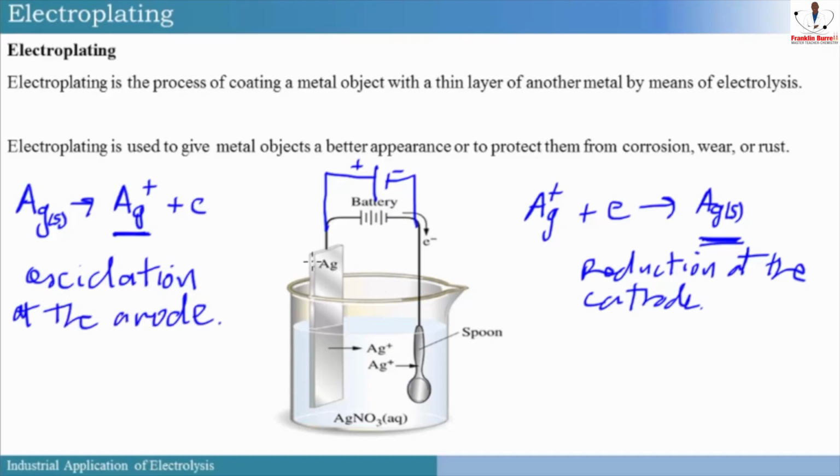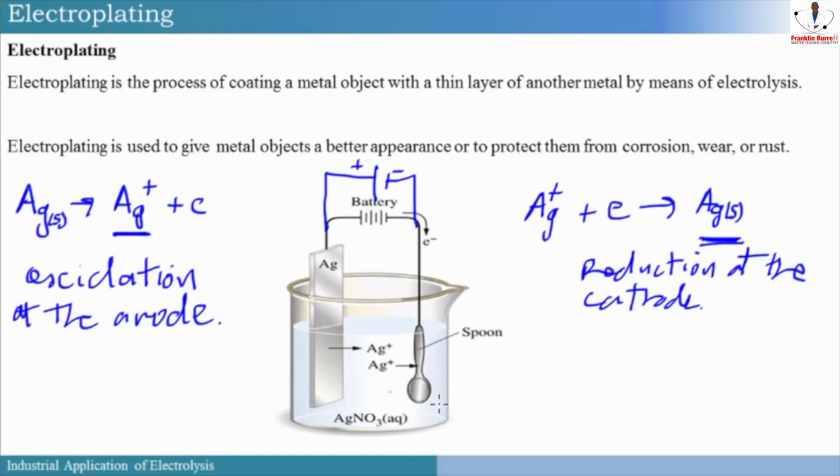So the silver will dissolve, forming silver ions, and those silver ions will be built up as they are being reduced around the metal spoon. Since this is an example of an active electrode, then the electrolyte must be a soluble salt of silver. In this case, we use silver nitrate as the soluble salt.